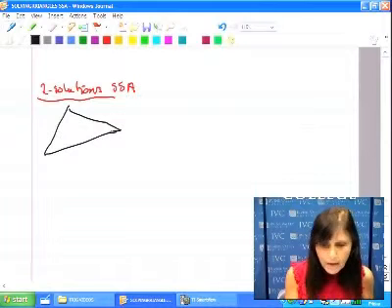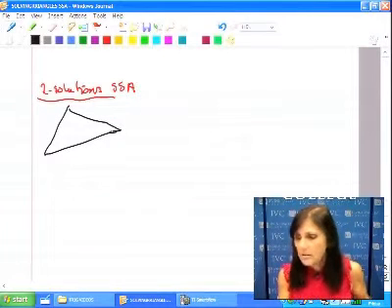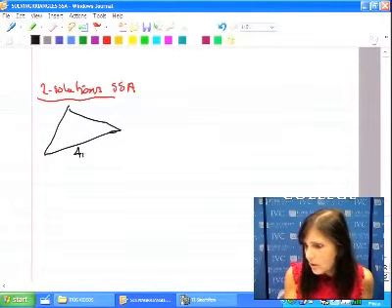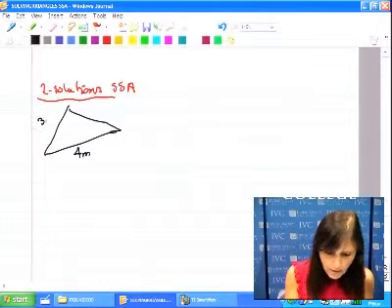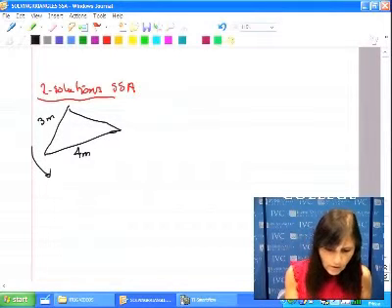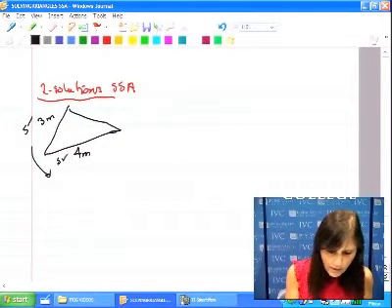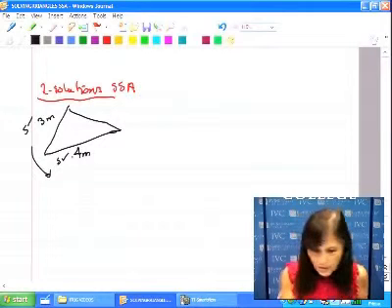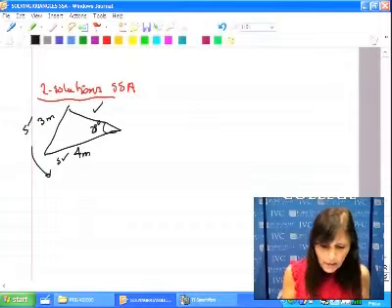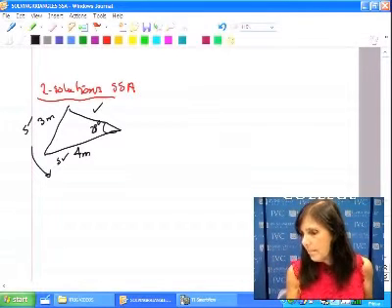Doesn't matter how you draw it, just as long as you say it's out of scale. So let's have 4 meters here, 3 meters here. So I know the side, and I need to know the angle. So here's 28 degrees. I know side, side, angle, SSA.